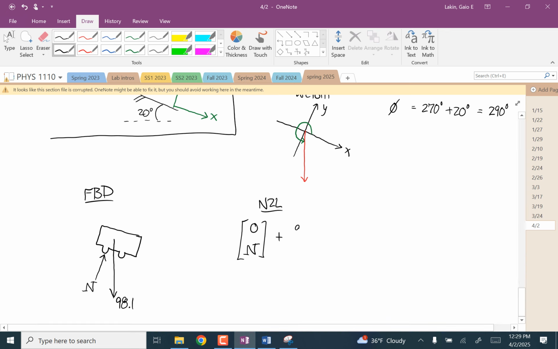The weight force is 98.1, that weight we have there, times the cosine of 290, and 98.1 times the sine of 290. And then these are equal to the mass times the acceleration. And I'm always just going to write the acceleration as a, 0.